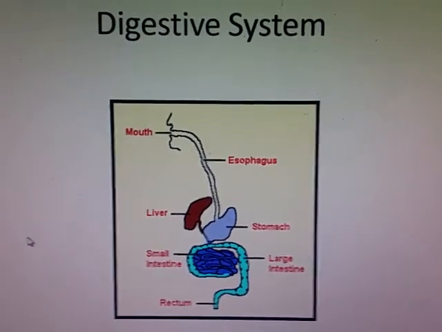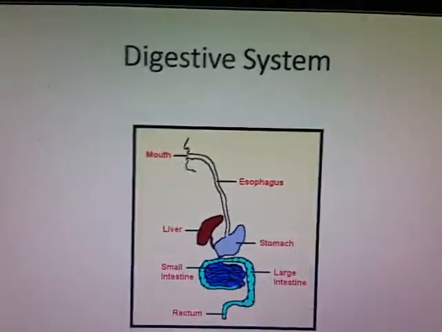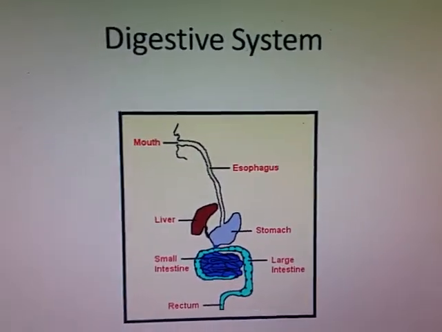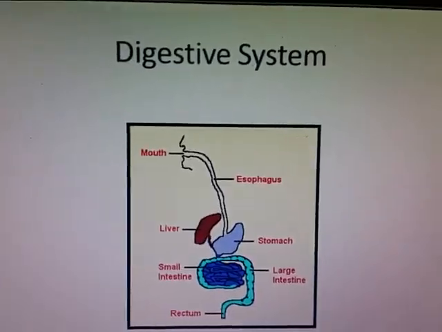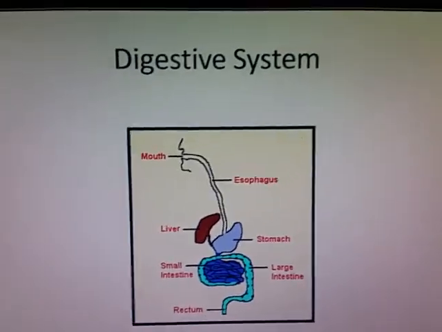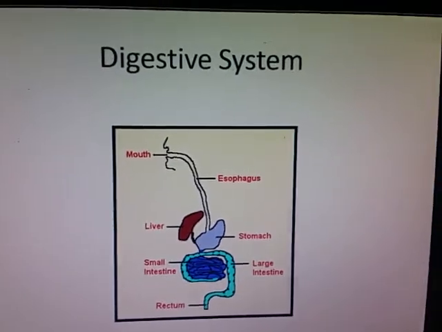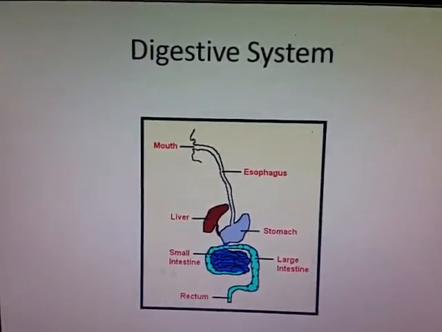And this system is in charge of breaking your food down into small pieces so your blood can get it and pass it through the rest of your body. So we're talking about how food gets in your body and how your body uses it. And that's why we're going to move on.